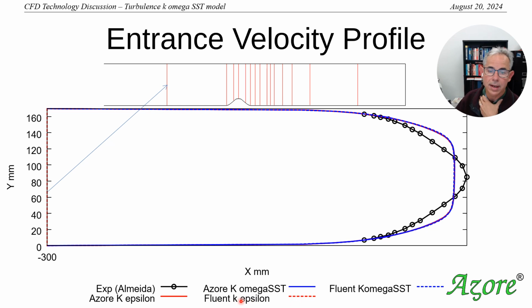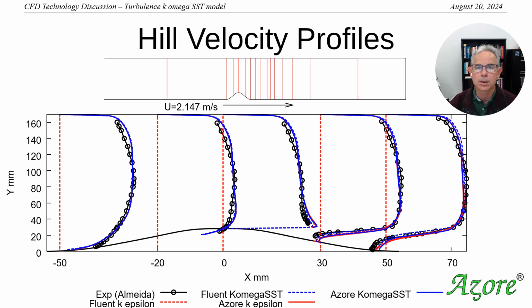The dashed red line is for the K epsilon predictions by Fluent, and the blue dashed line is the K omega SST predictions. And you can see right here that all of the predictions are very close to one another. There's not very much variation in the turbulence model used or the software package used. So now let's move on and look at some more experimental data.